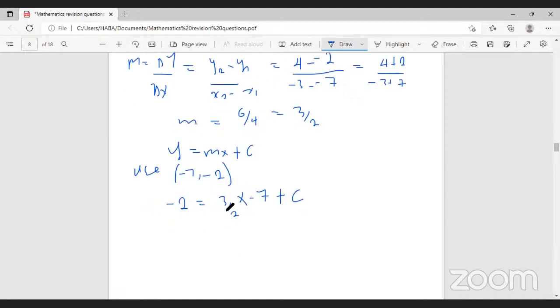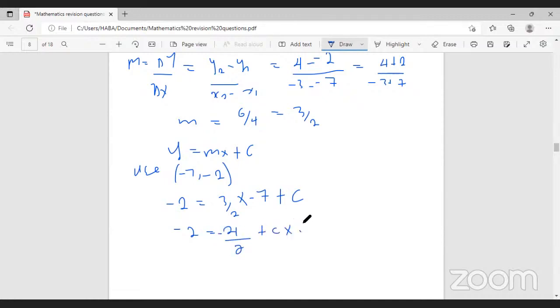Okay. So what is our c? 3 times -7 is -21 over 2, plus c.